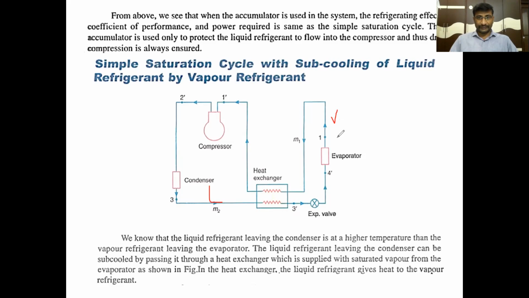The liquid refrigerant leaving the condenser can be subcooled by passing through the heat exchanger, which is supplied with the saturated vapor from the evaporator, as shown in the figure. In the heat exchanger, the liquid refrigerant gives heat to the vapor refrigerant.